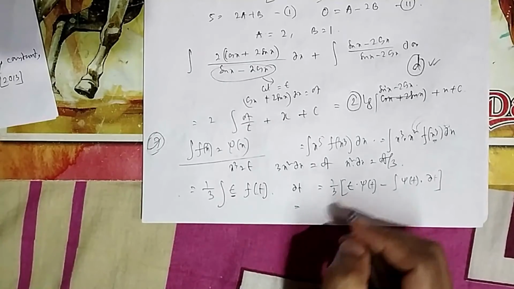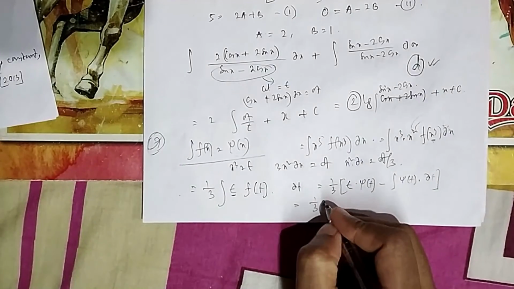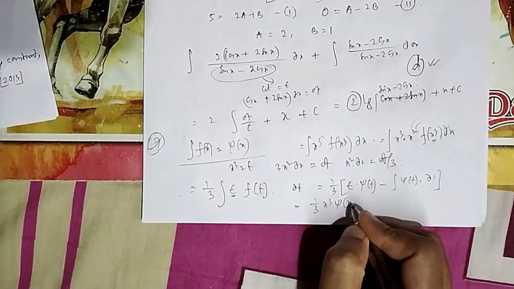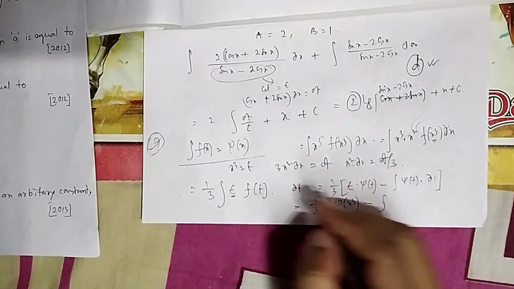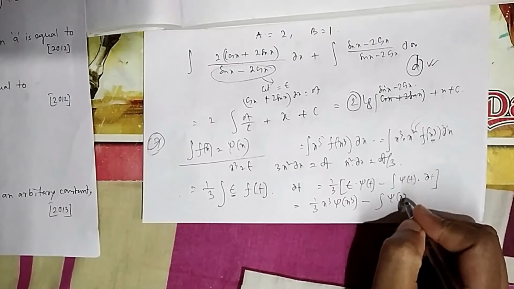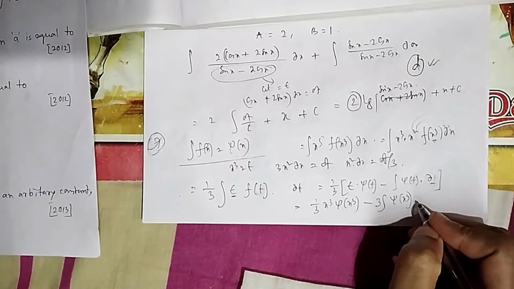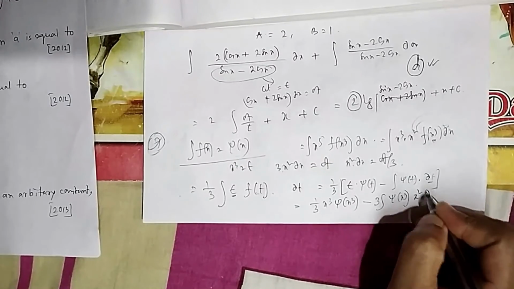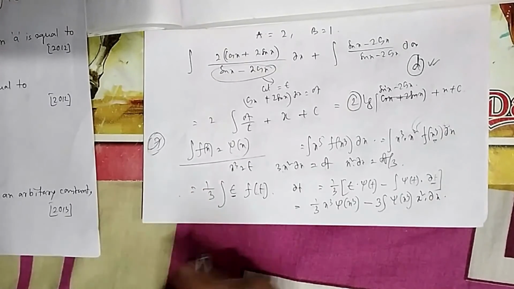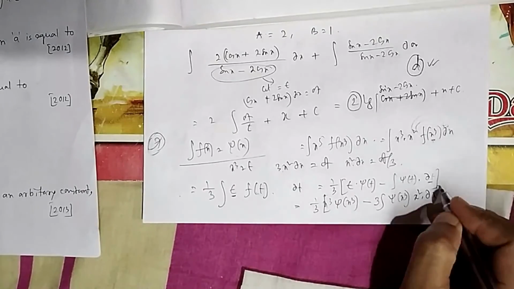Now if you put all these values, instead of t it will be x cube psi of x cube, minus psi t, which will be psi of x cube, and instead of dt you have to put dt equal to 3x square dx, because everything is given in the format of dx, the whole multiplied by 1 by 3.